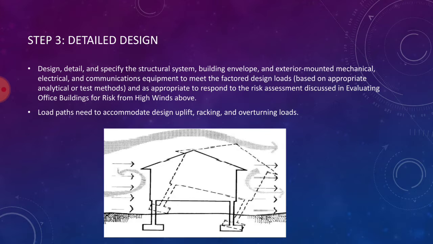As you can see in the picture at the bottom, which shows a building basically being uplifted, the engineer needs to take all of this into account: uplift, rocking, and overturning loads, in order to help make the building proof against all of these effects which wind can cause, of course.